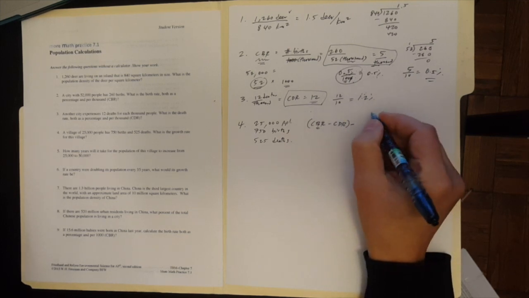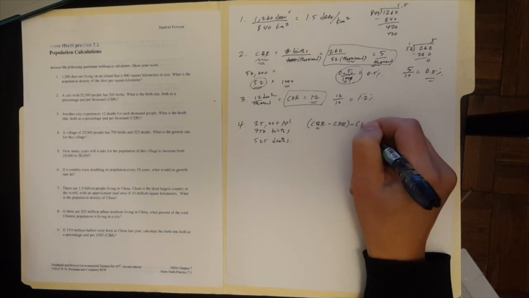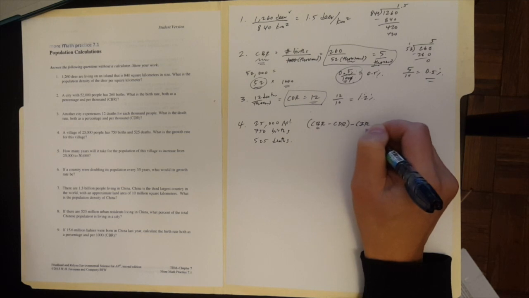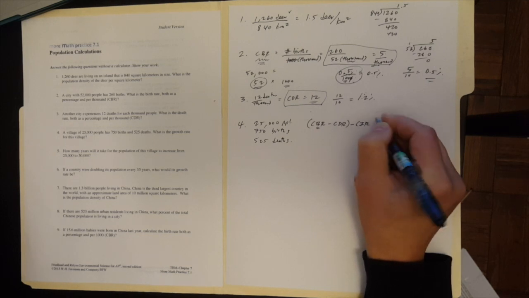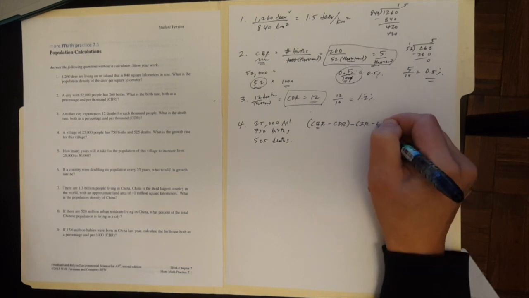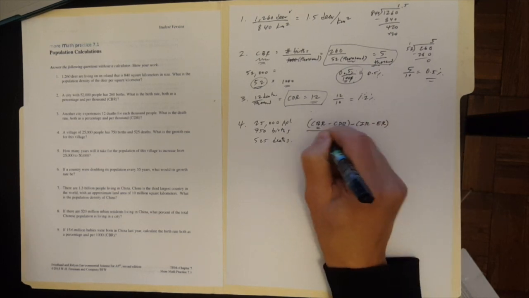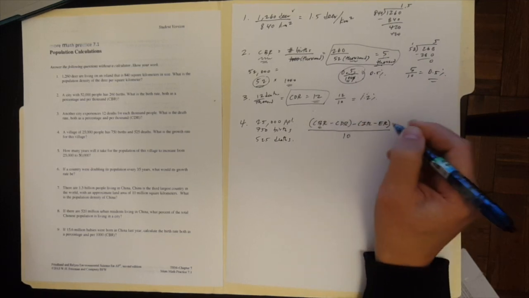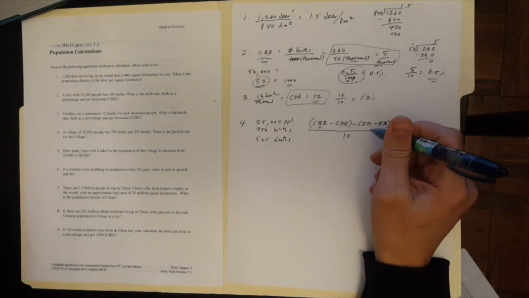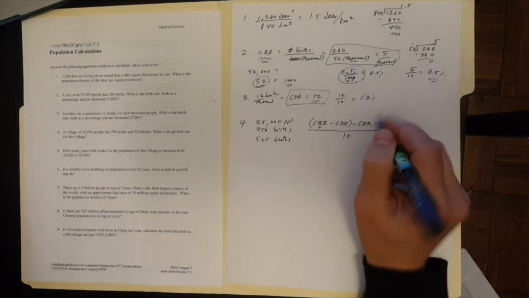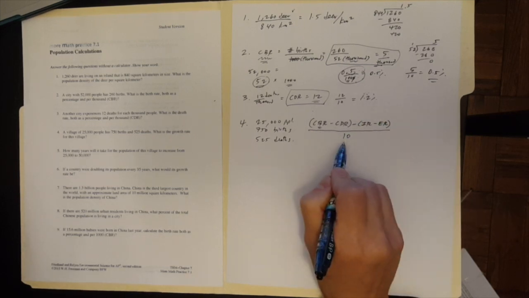And the full formula is then the immigration rate, which is kind of the net immigration rate, or you could think of it as crude immigration rate, minus the crude or net emigration rate, or just the emigration rate. And this whole thing divided by 10. Because I'm not going to explain that again. It's just divided by 10.